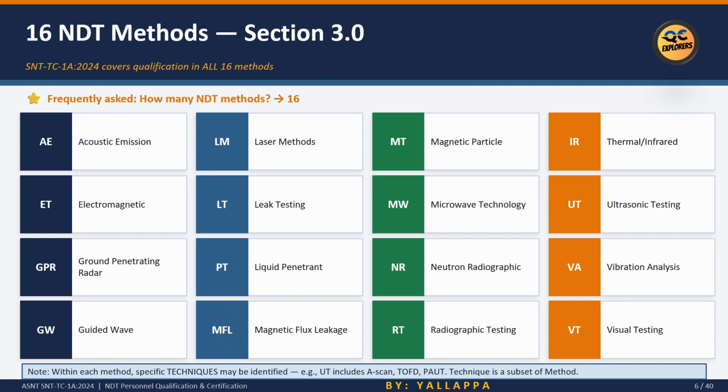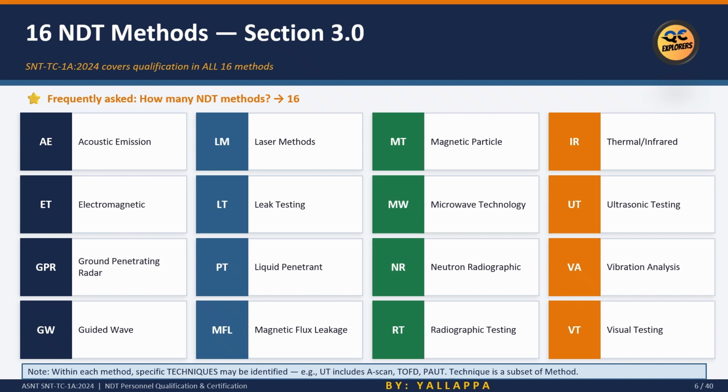These include acoustic emission, electromagnetic testing, ground-penetrating radar, guided wave, laser methods, leak testing, liquid penetrant, magnetic flux leakage, magnetic particle, microwave technology, neutron radiography, radiographic testing, infrared testing, ultrasonic testing, vibration analysis, and visual testing.